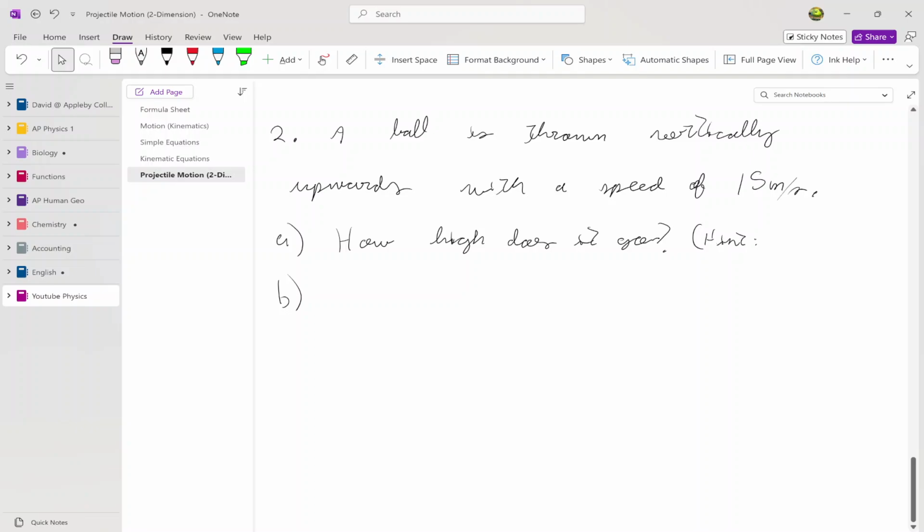I always make sure to read these out loud because I understand that my handwriting is quite bad. So how high does it go? Hint: it's being thrown vertically, so that's distance y, and then B would be how long it's in there. So that's time, which is universal. How long is it in the air for?